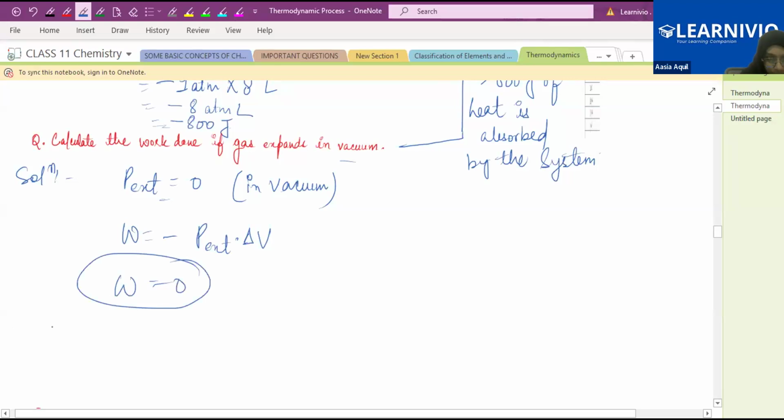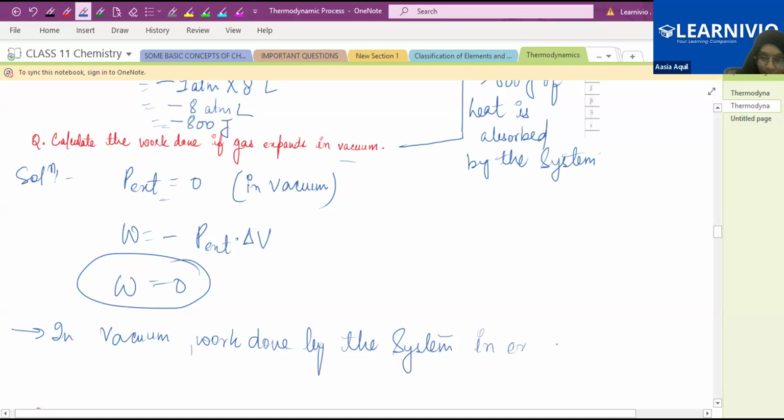So at last you can write: vacuum means free expansion. If the gas expands in vacuum, this phenomenon is known as free expansion. So in vacuum, the work done by the system in expansion is 0.